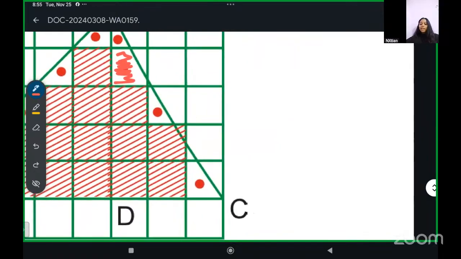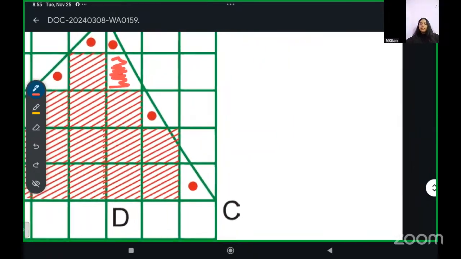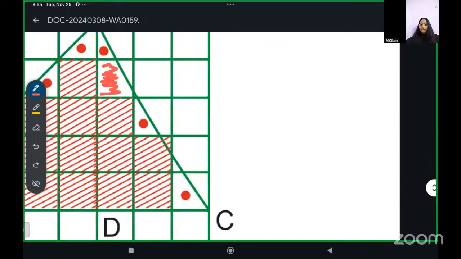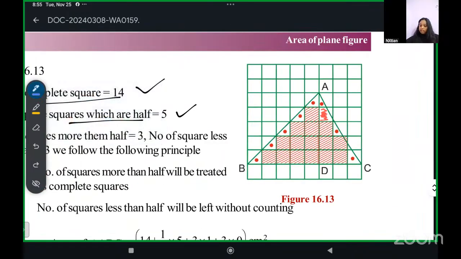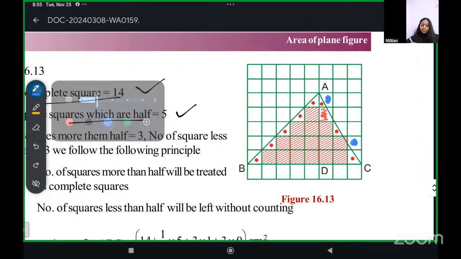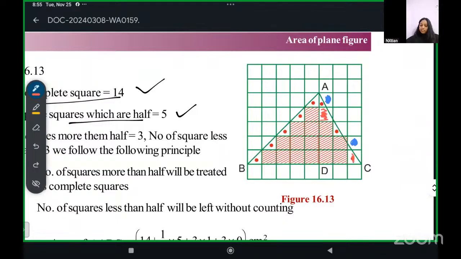So some we have which are more than half, and some which are less than half. Look at the above one. This is very less than half. This is also less than half, whereas this one is more than half.